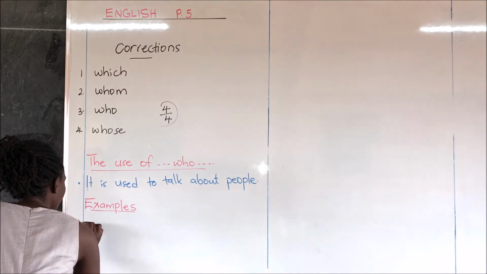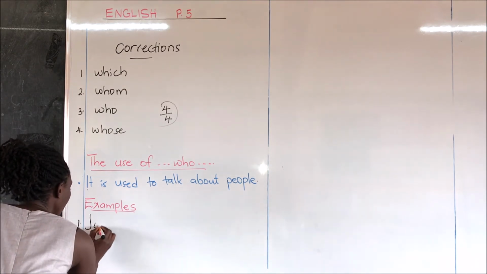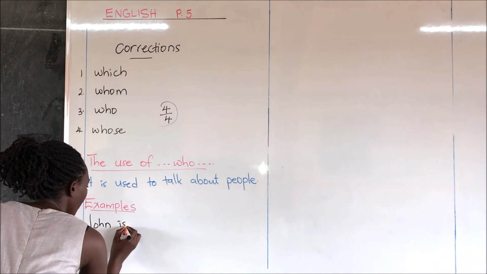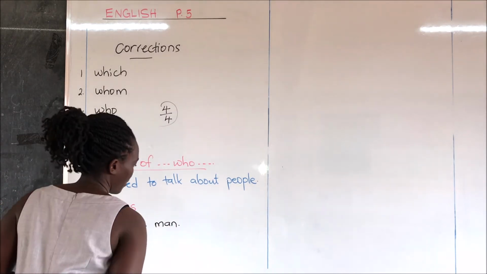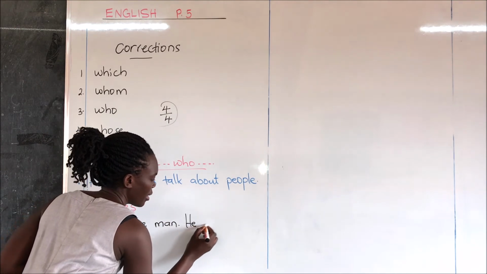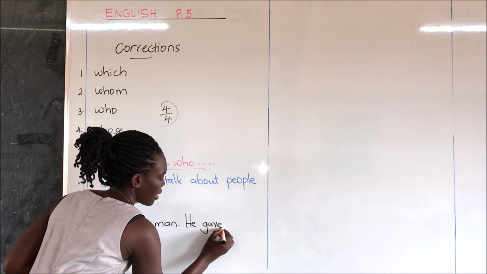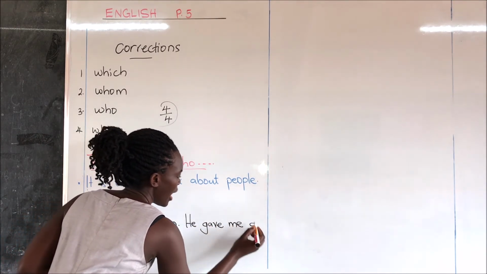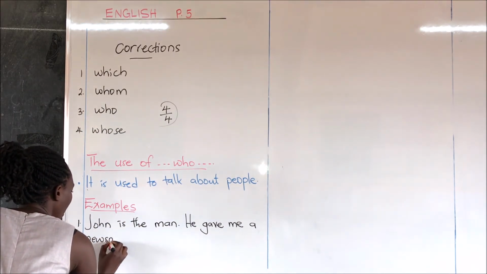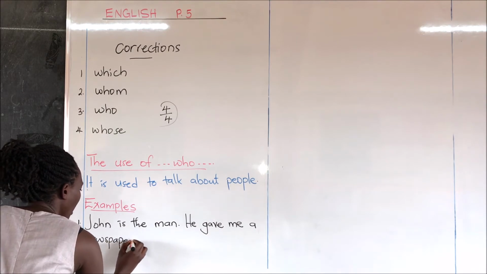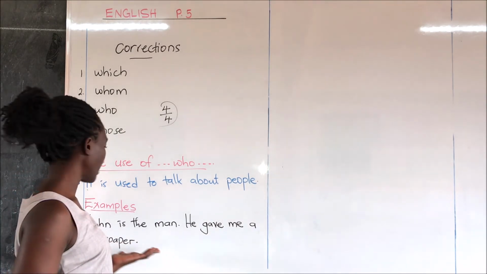Okay, so I have example one here. My example one says, John is the man, he gave me a newspaper. So this is example one.